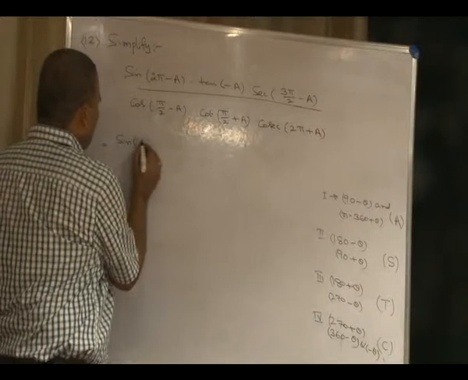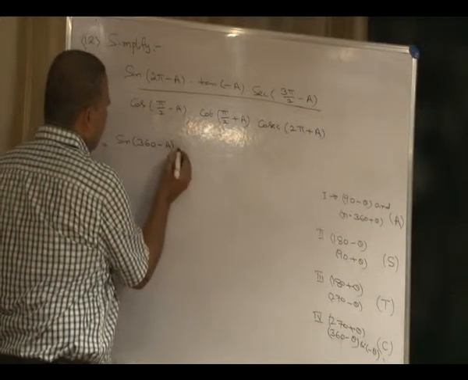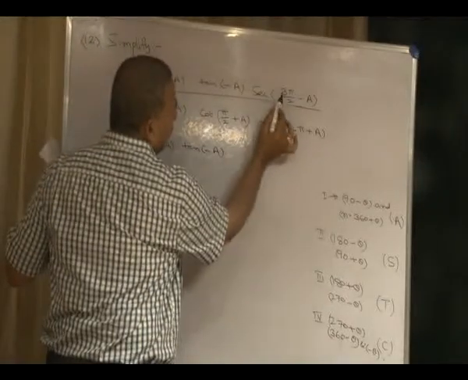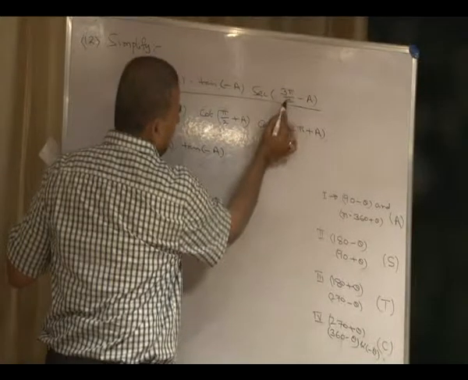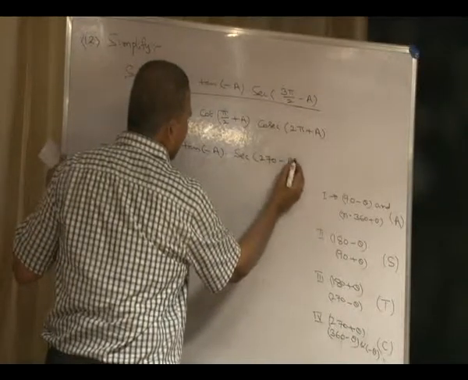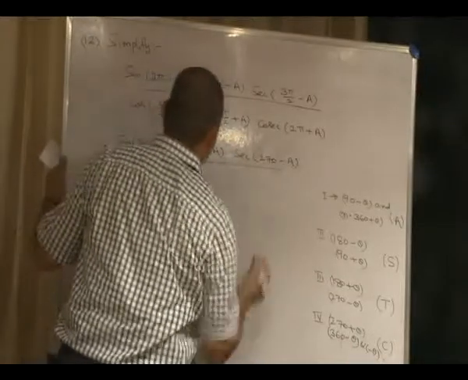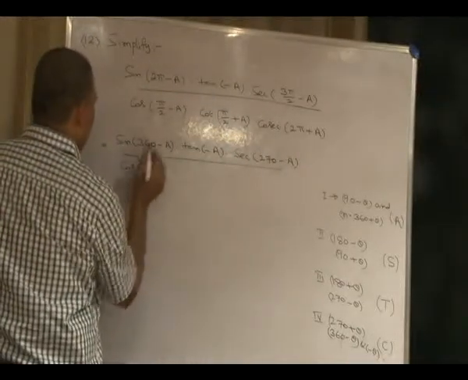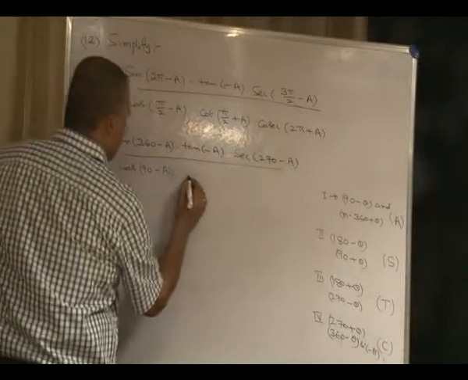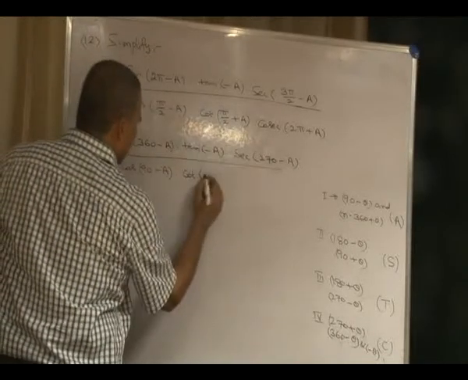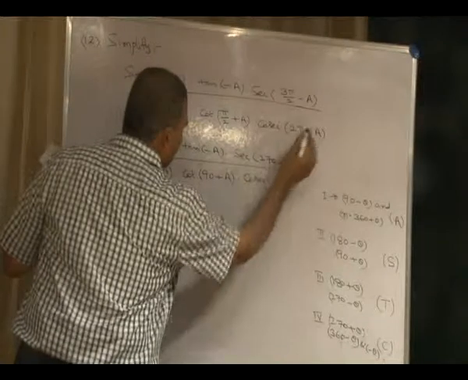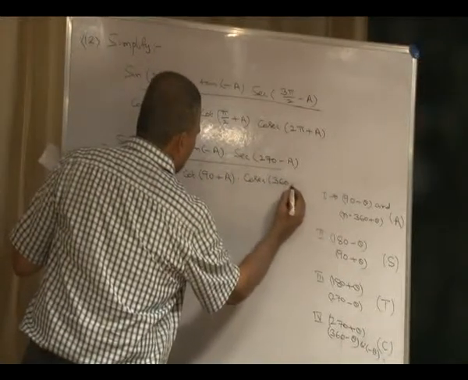That is sin of 360 minus a into tan of minus a, secant of 3 into 180 by 2. 180 by 2 is 90, 90 into 3 is 270, secant of 270 minus a, by cos of pi by 2, that is 90 minus a, into cot of 180 by 2 is 90 plus a.